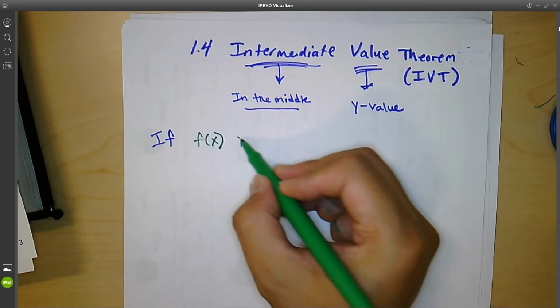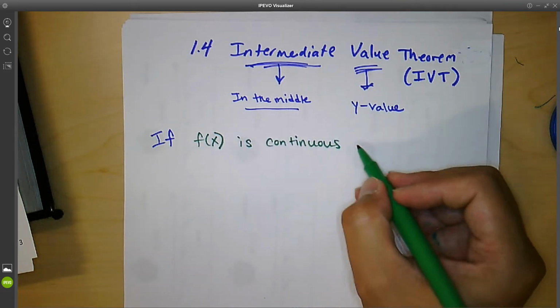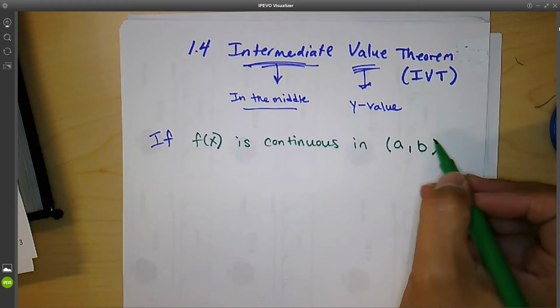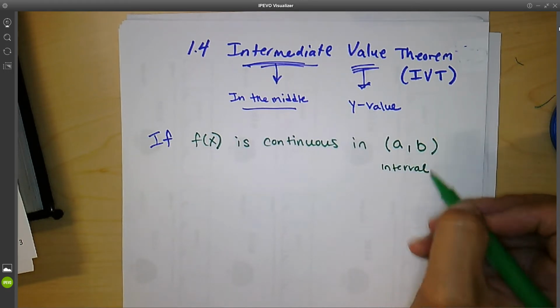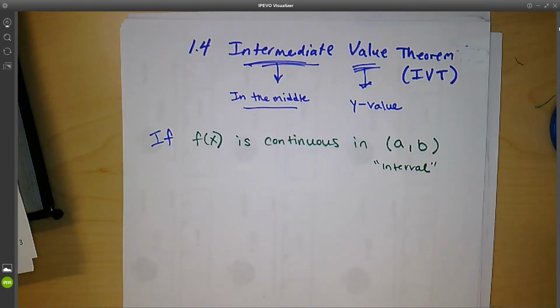If f of x is continuous on the interval a and b, this is interval notation, the open interval a and b. So sometimes it's not continuous in some other spots, but we're not concerned about it, so we're fine. But in the interval we are interested in, it must be continuous.